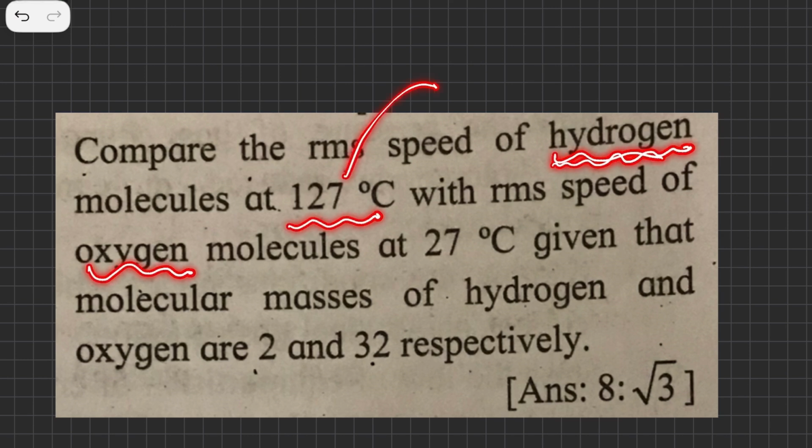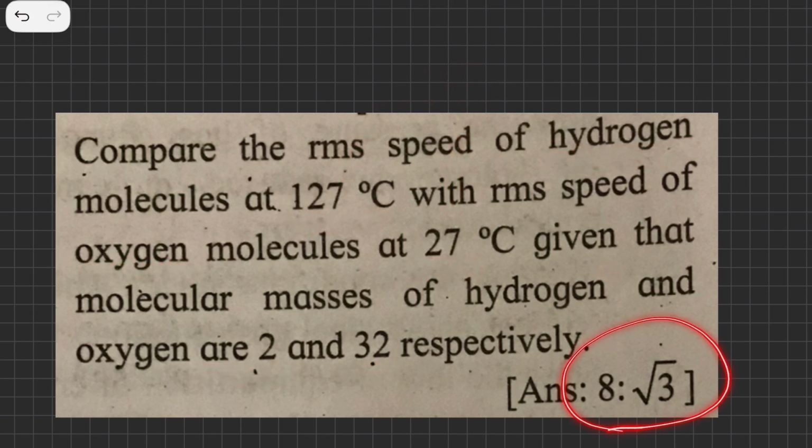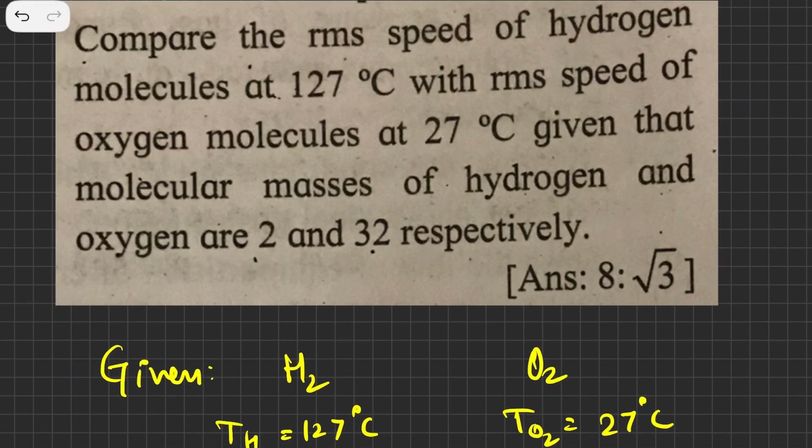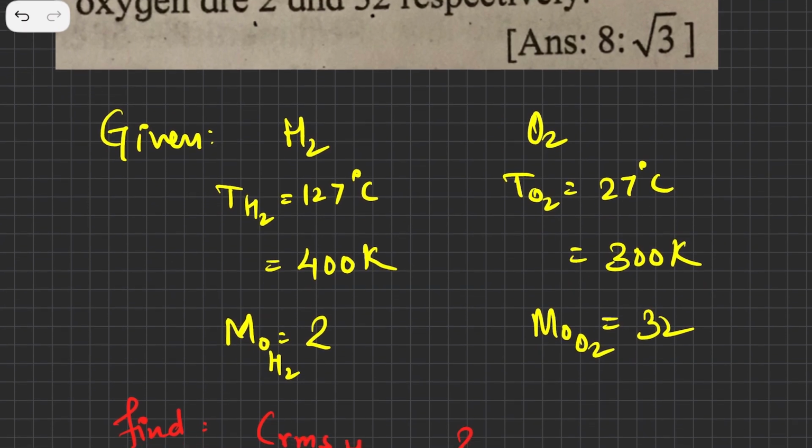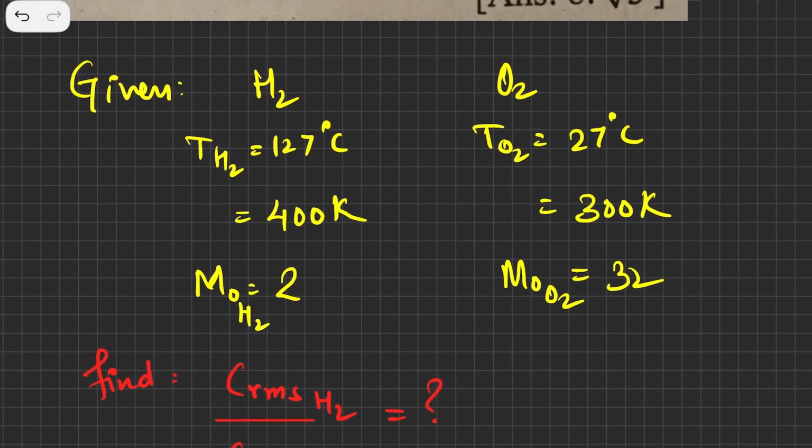Yes, we'll have to convert that into Kelvin, and oxygen is at 27 degrees Celsius. We are supposed to move that into Kelvin, and the molar masses of oxygen and hydrogen are also given, and the answer should come out to be 8 is to root 3. Let's see. Now I'll represent the data in a tabular form.